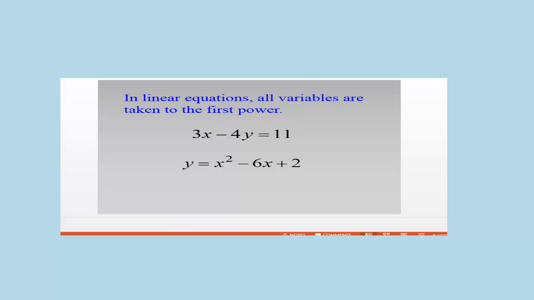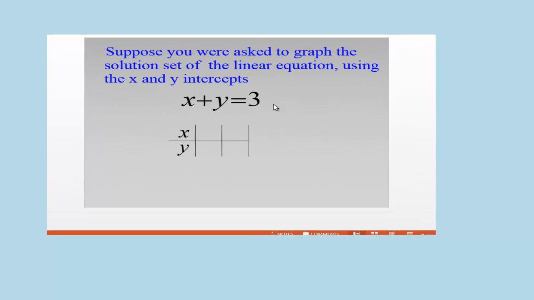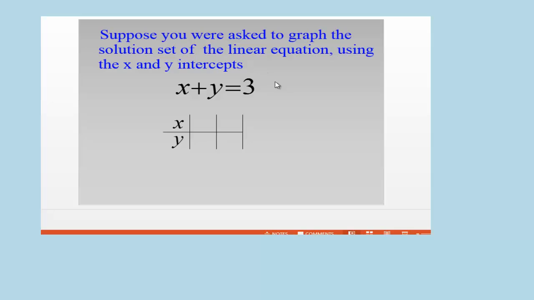Let's now proceed to the example of graphing linear equation using the x and y intercept. Suppose you were asked to graph the solution set of the linear equation x plus y equals 3 using the x and y intercepts. First, you must create the table of values for x and y.